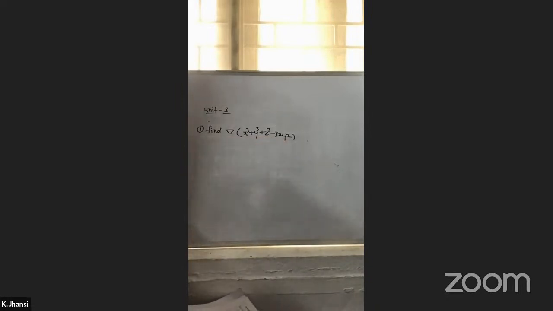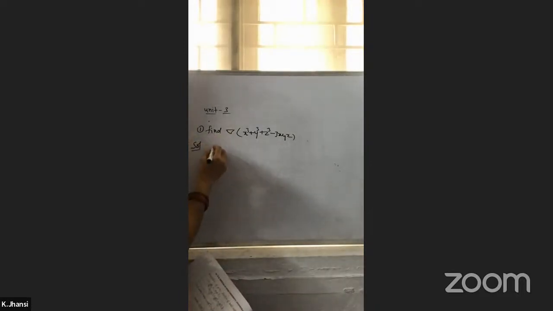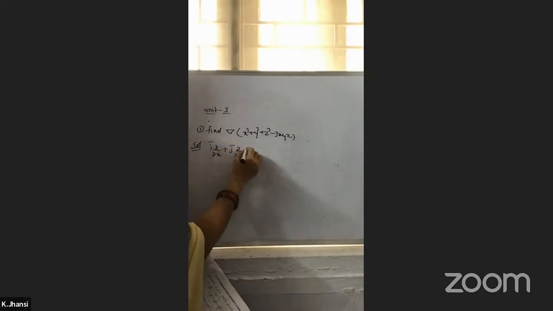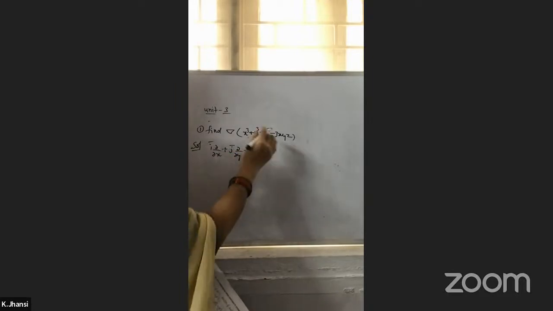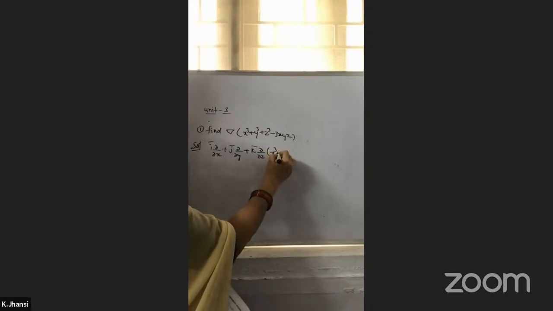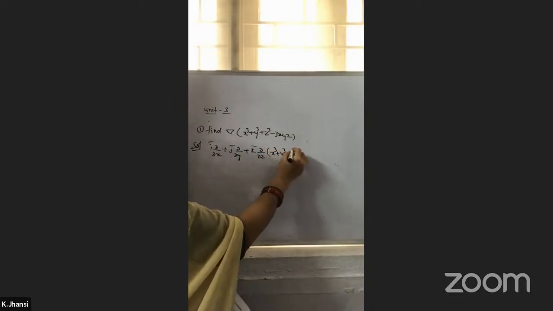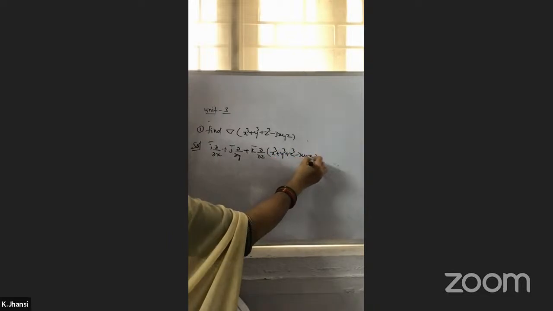So we have to find the del of this one. What is the del here? Del is i dou by dou x plus j dou by dou y plus k dou by dou z, into this function, that is x cube plus y cube plus z cube minus 3xyz.